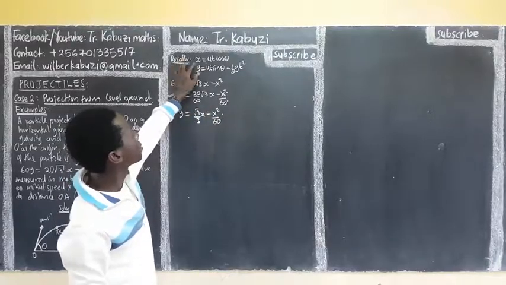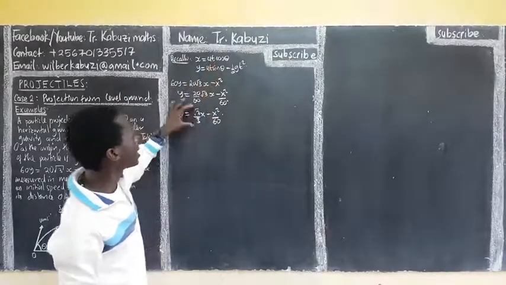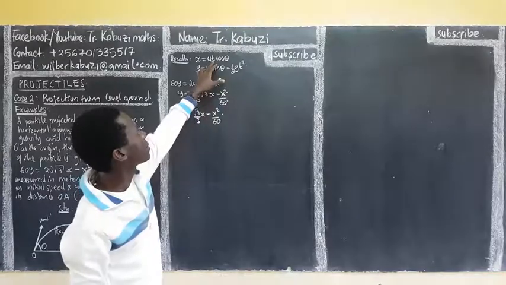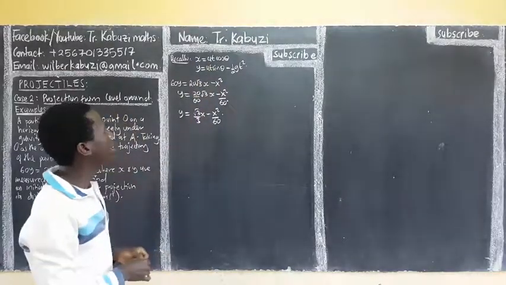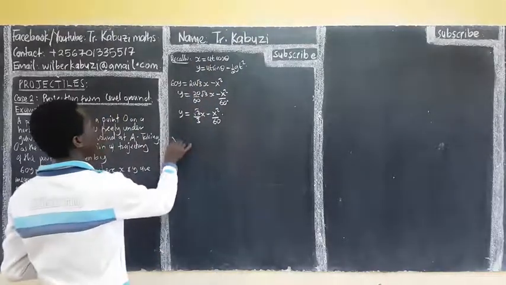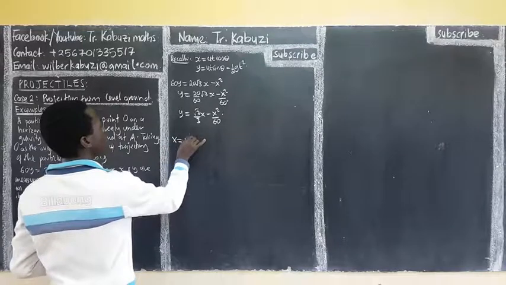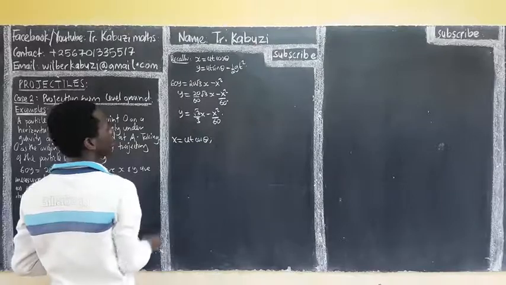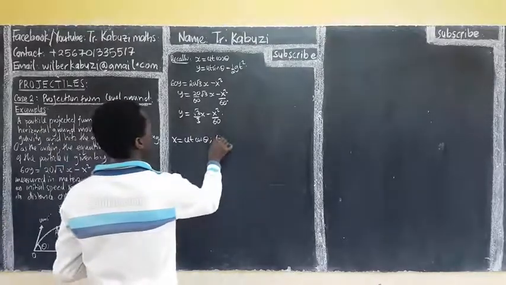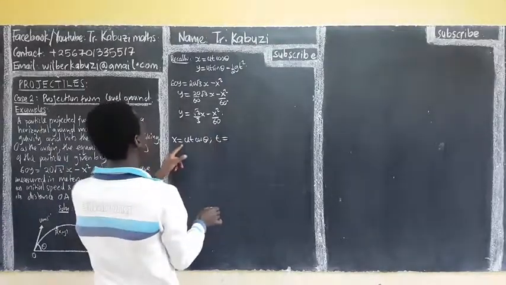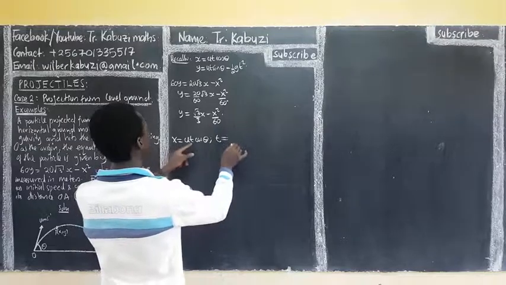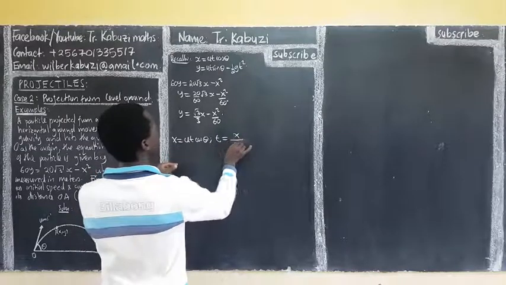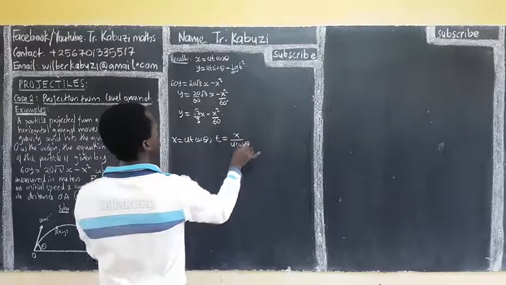So using these two, I'm going to make t the subject because here there's no t. If I make t the subject here and substitute in this equation, let me see. If my x is equal to u t cos theta, you can see that my t is going to be x over u cos theta.